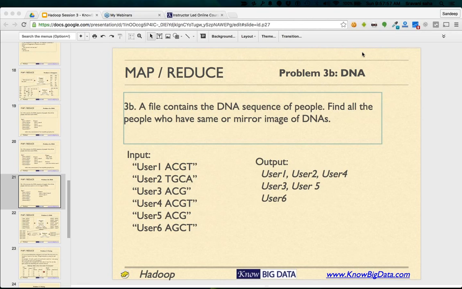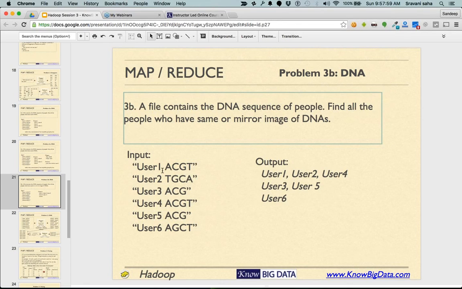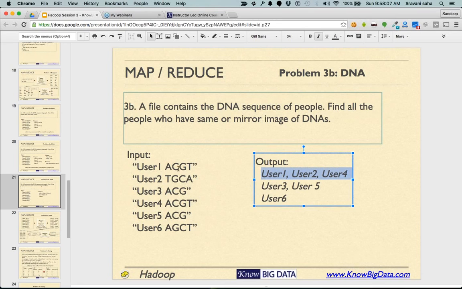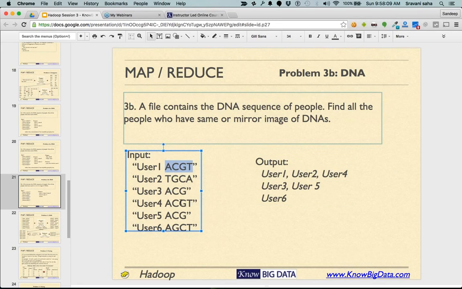Can somebody suggest a way to form a key for each row such that the key for user 1, user 2, user 4, ACGT, TGCA, and ACGT, remains identical? Can we form the key for all of these which will be the same?